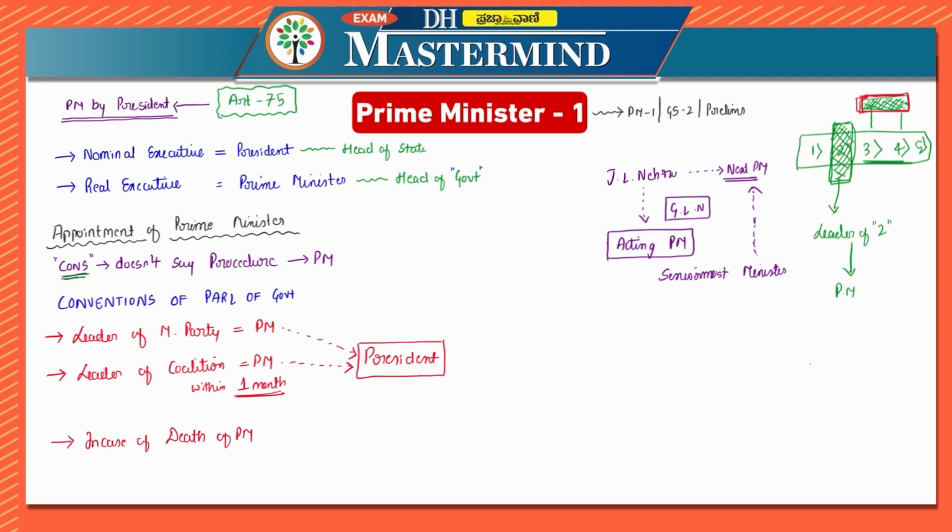Now what happened is, after the assassination of Indira Gandhi, at that particular point of a time, the president was Zail Singh.